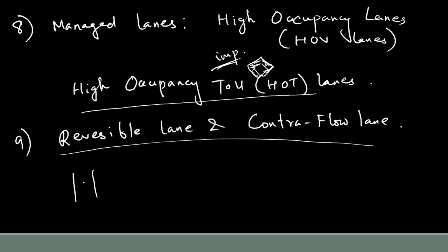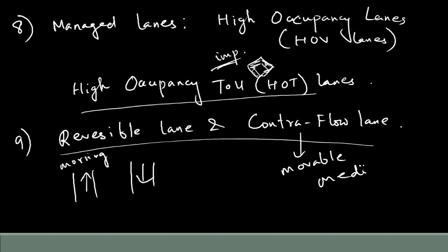So maybe in the morning they are allowing traffic on this side, and in the evening they reverse it. They are letting traffic flow on the other side. Okay, and contraflow lane is basically they use a device such as a movable median, which in essence shifts the facility's center line location. So there they use a movable median for contraflow lanes. Okay. So this much is fine if you know this much at least.